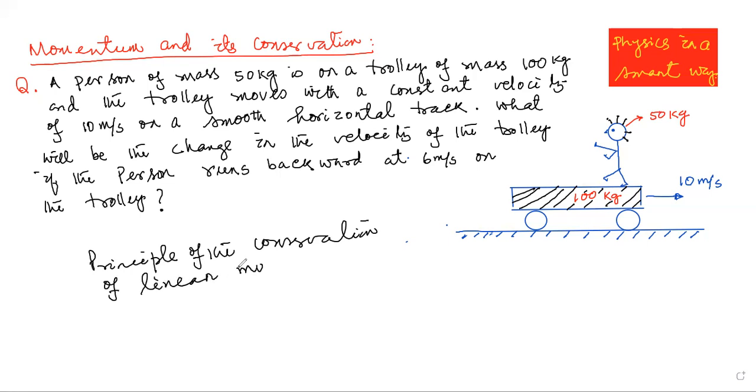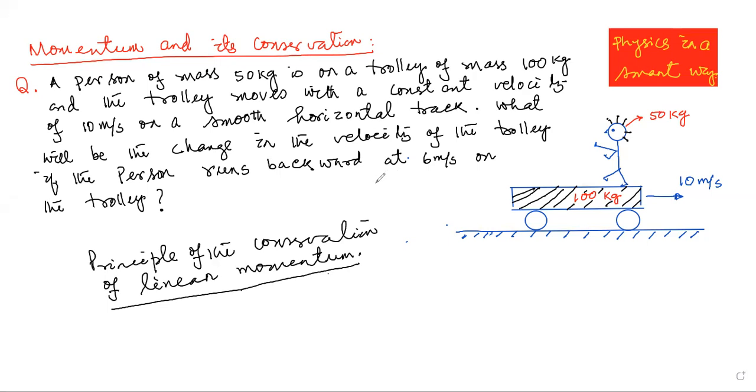We must stress the word linear because momentum has a cousin in rotation known as angular momentum, which has its own conservation rule, and that is also very powerful. So the principle of linear momentum conservation is considered a fundamental principle and a pillar of physics. If those pillars collapse, then entire physics will collapse.